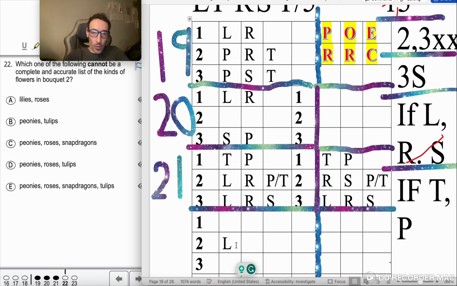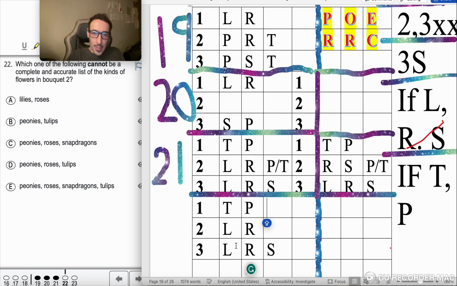So I'm going to create a world where I have L and R in bouquet 2, and as you can see, I've already created it. So we have to have two of a kind in 2 and 3, so 2 exactly.